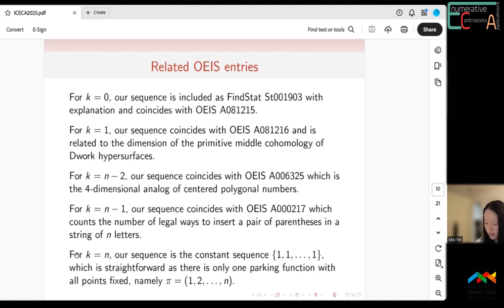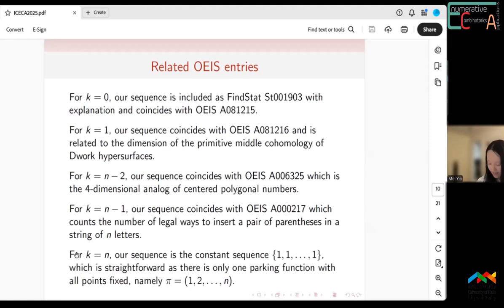For k equals 0, we see something, k equals 1, and then n minus 2, n minus 1, and for k equals n, all the points are fixed, and then the parking function will have to be 1, 2, up to n. For the middle cases, we don't find them in the OEIS sequences. So there are many interesting bijections waiting to be studied, like why we see all these different OEIS sequences for different cases.